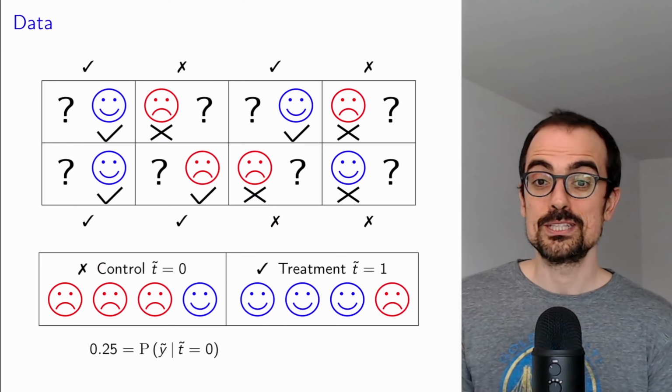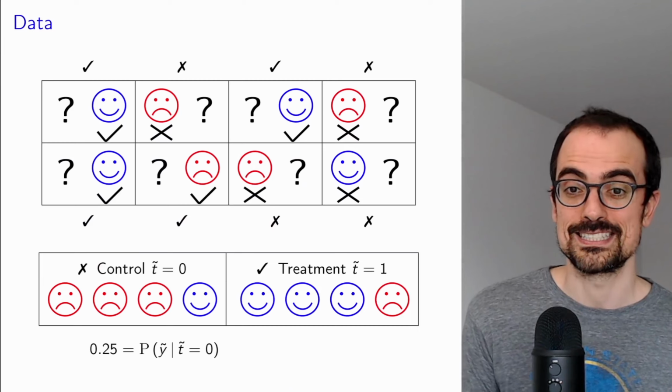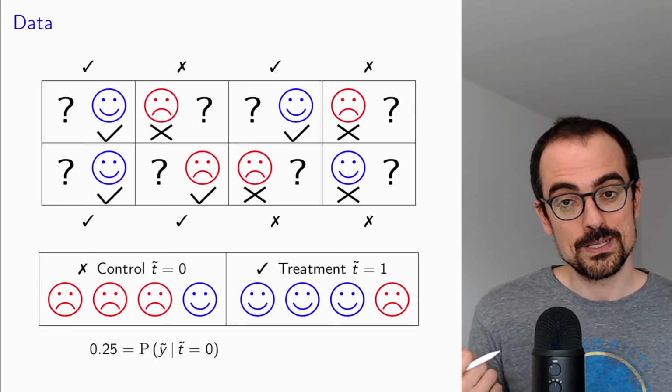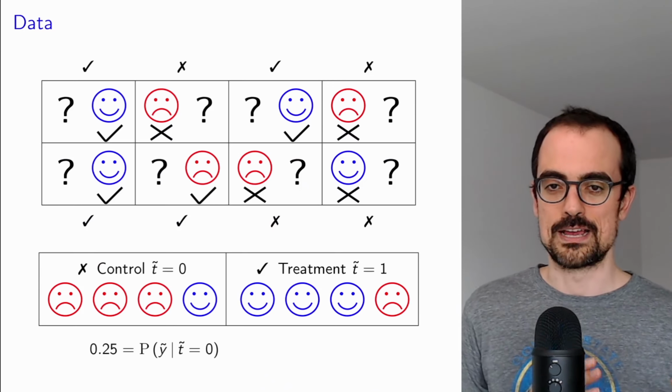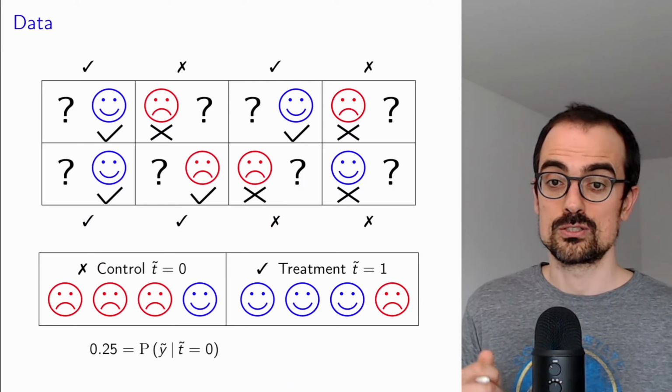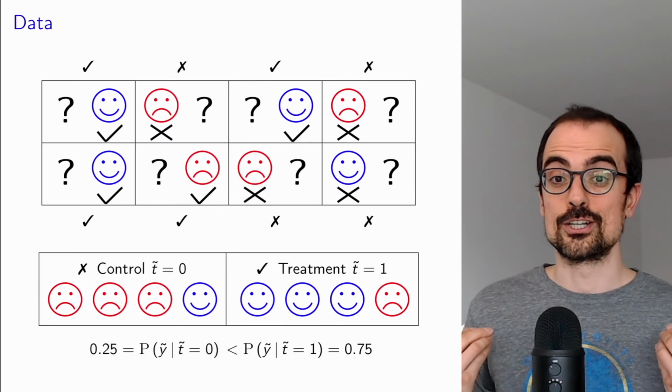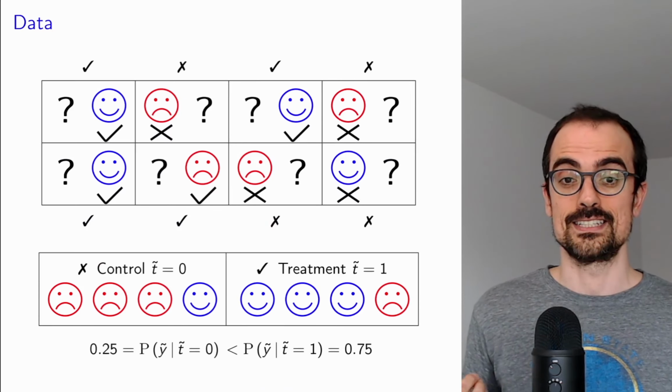And when we look at the treatment group, we realize that 75% of the people in the treatment group recover, not because the drug was effective. We know that it wasn't because I made up this example, but rather because of how we selected people for treatment. And that's why we cannot trust observed effects in the data.